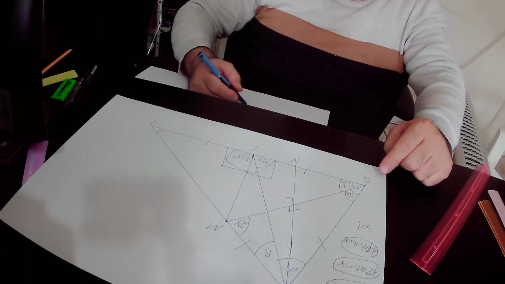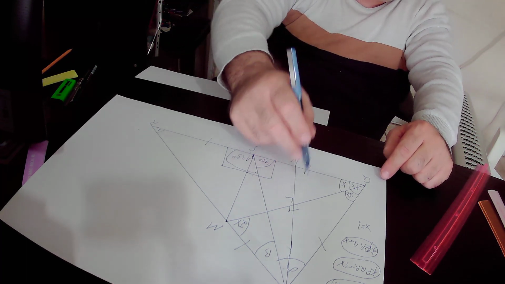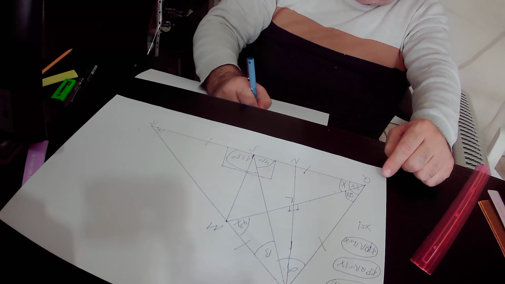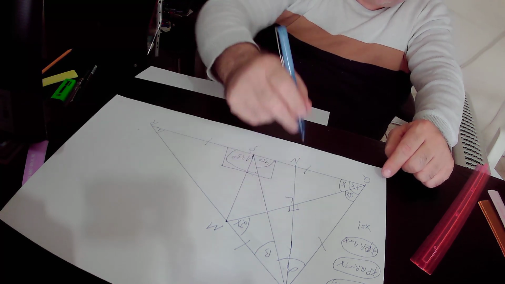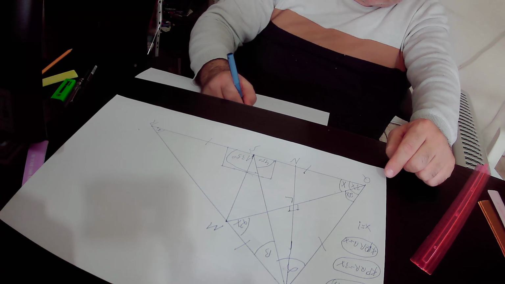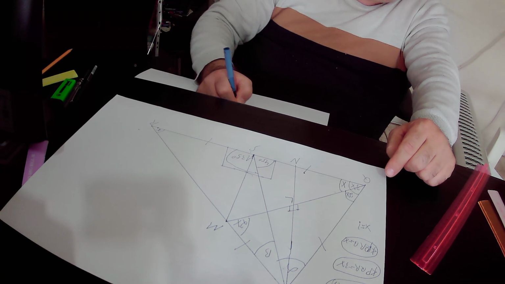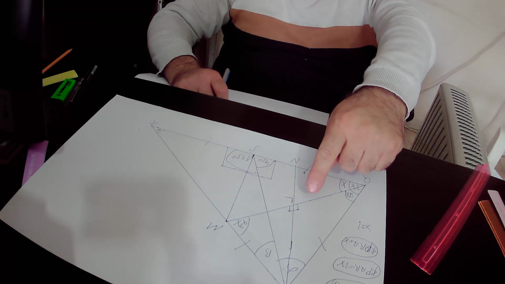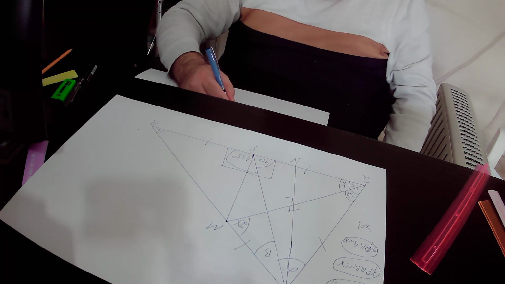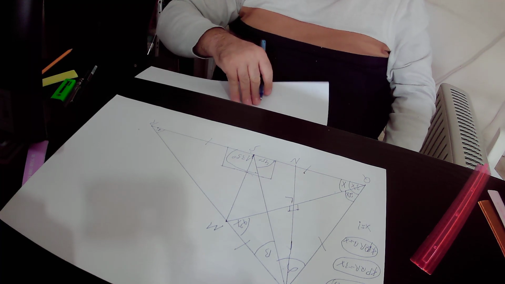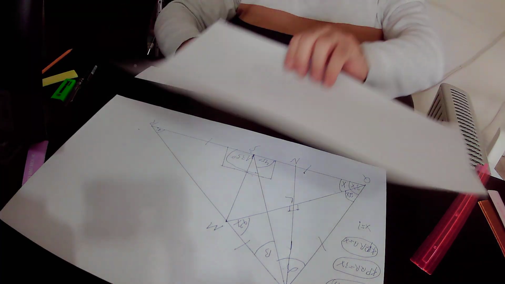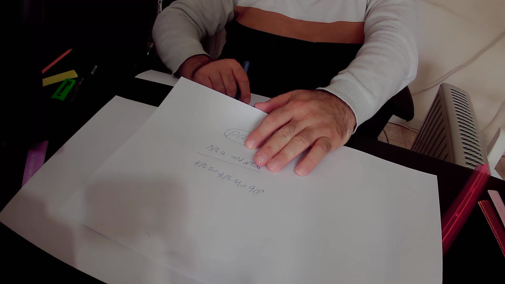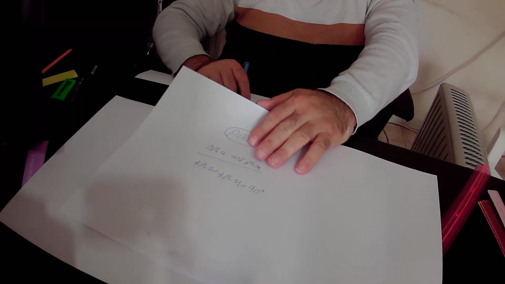That is to say, angle PLQ is equal to angle PLM. And both angles are equal to 90 degrees. Okay? Angle PLQ equals angle PLM, and both angles are equal to 90 degrees.